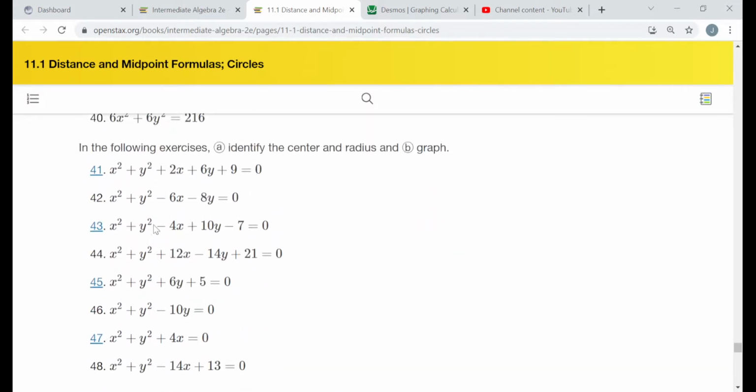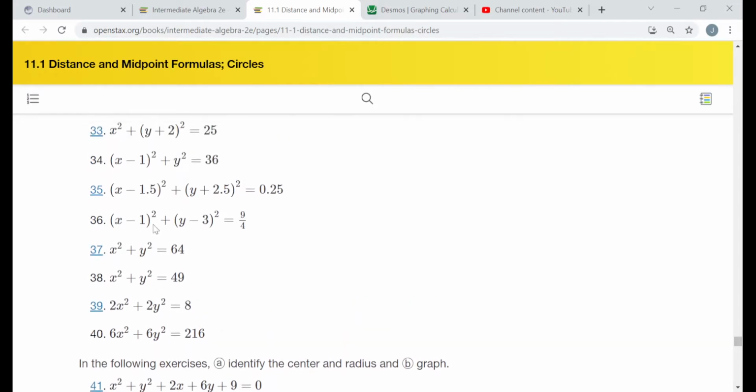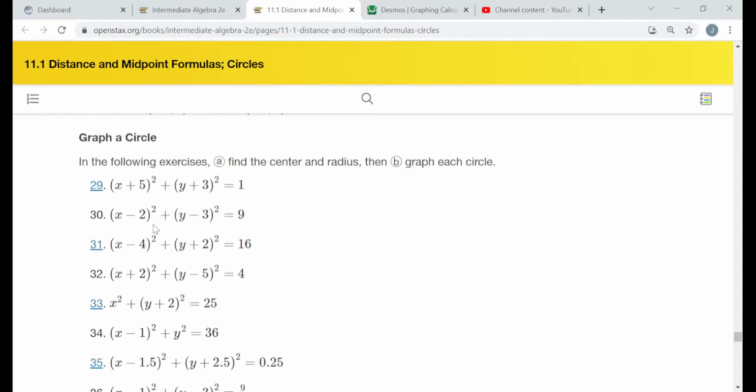All the even ones to 48. I'll also have timestamps in the description of the video for each of these examples. So example 1's timestamp will be for the beginning of exercise 30. Example 2 will be for exercise 32, and so on.